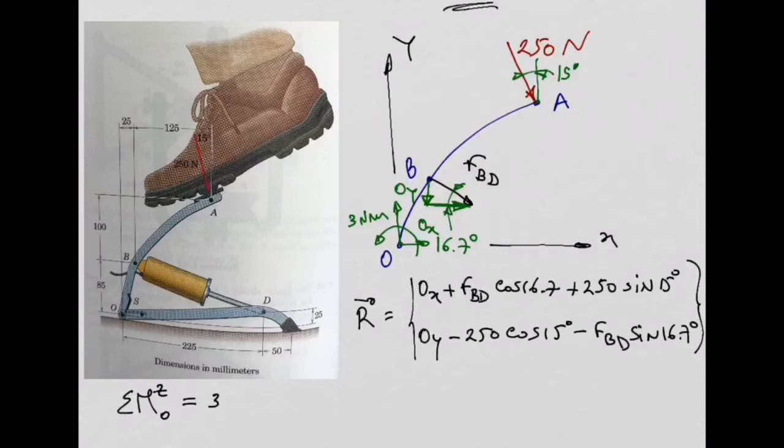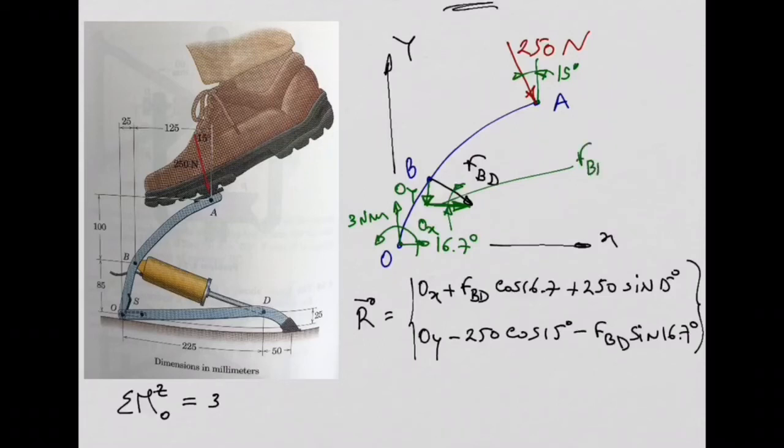You all agree with me? Remember, in the first week we talked about addition of vectors and the composition of vectors in two different directions, right? Now I'm decomposing this vector FBD into two directions, direction X and direction Y. So you can say, for example, this component here, how much is it?